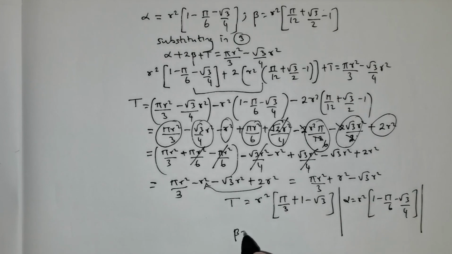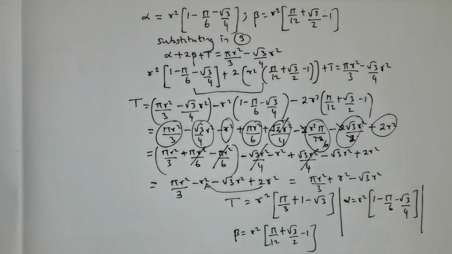And then we've got beta, which is equal to r squared of pi over 12 positive root 3 over 2 negative 1. So we have the three regions that are required. Now for any given value of r, you would be able to calculate and solve the problem. So this completes the solution for the question.